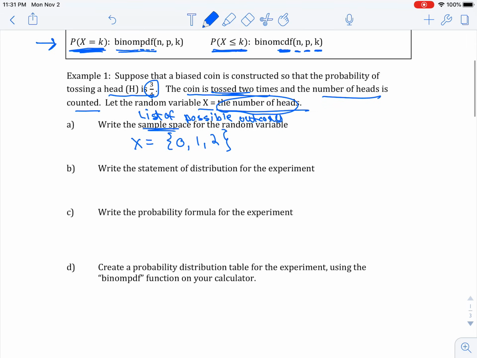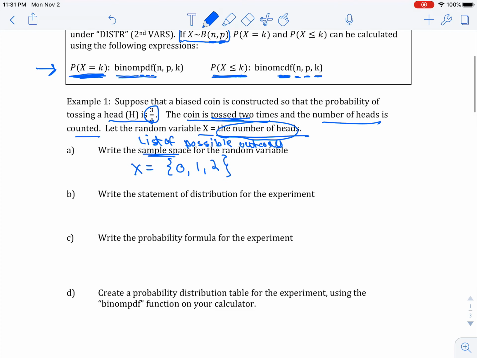Now it says, write the statement of distribution for the experiment. Well, first of all, I do want you to notice that this is a binomial distribution. So remember that the first thing that we need to look for is that there are possibly 2 outcomes, success or failure. And so we either get a head or not a head, right? So we get a tail, I guess. So 2 outcomes. We have a fixed number of trials. We have 2 trials.